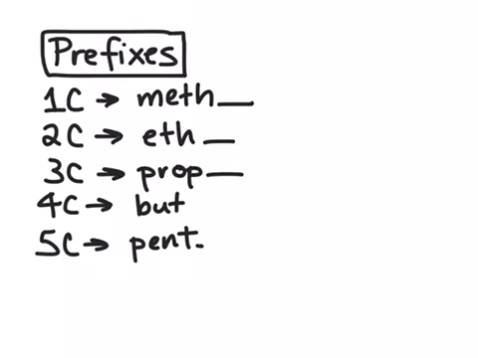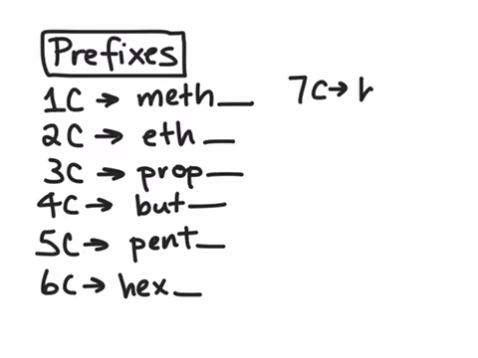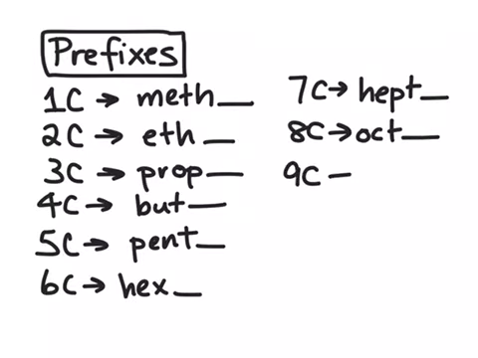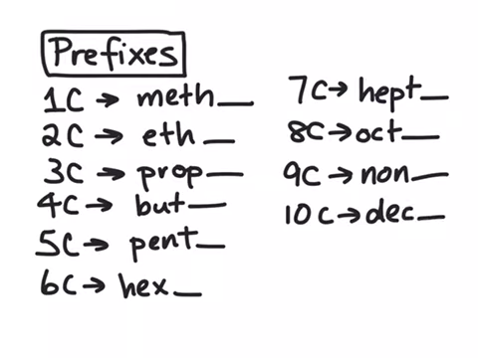So from here on out, they kind of get the same as our molecular compounds. 6 carbons is hex, 7 carbons is hept, 8 carbons is oct, 9 carbons is non, and 10 carbons is dec. And that's as high as you'll need to know for this course. And these prefixes will apply to alkanes, alkenes, and alkynes.